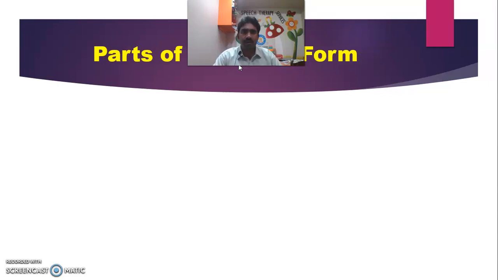Like speech and language pathologists use this form. It consists of the demographics of clients: the name, gender, age, father's name, and the address of their home city. That is called the demographic form, the first part of this form.